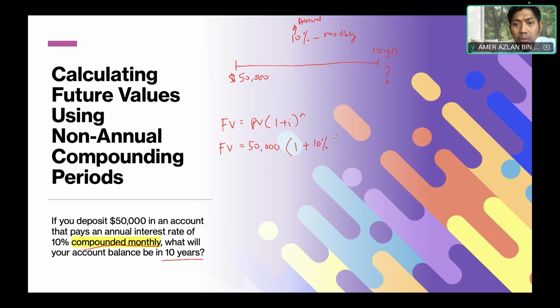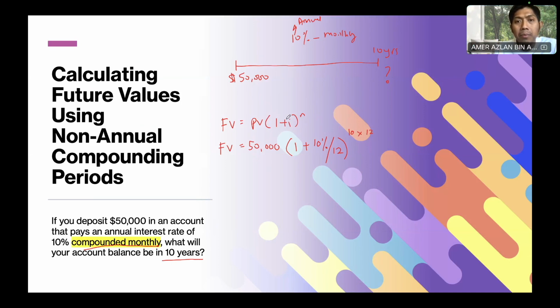Therefore the 10% of interest will have to be divided by 12 months, while the N here is 10 years. Since it is compounded monthly, we have to multiply by 12. That's how you calculate when the interest is being compounded monthly.